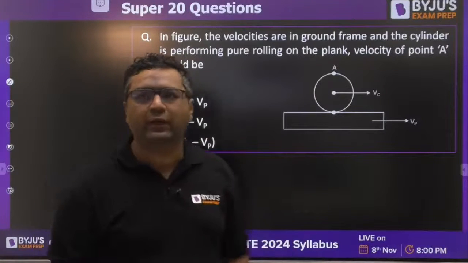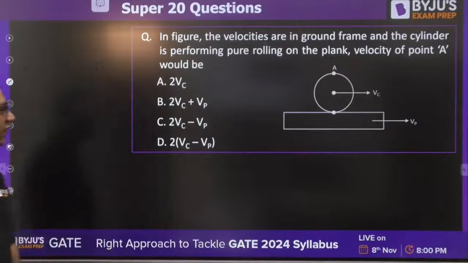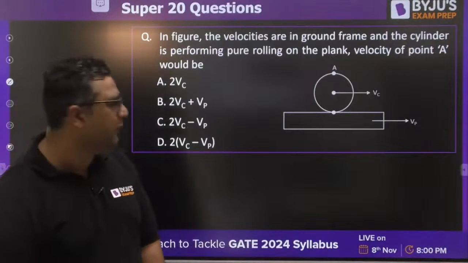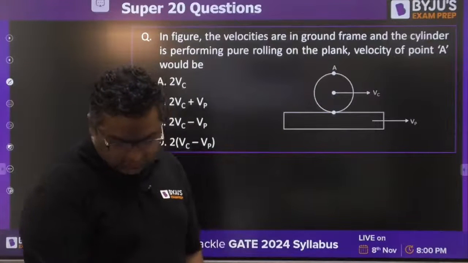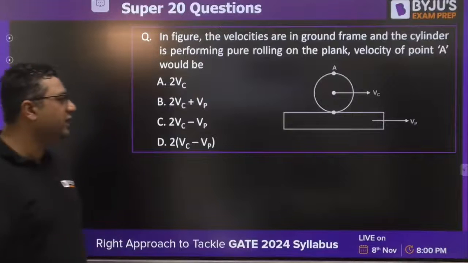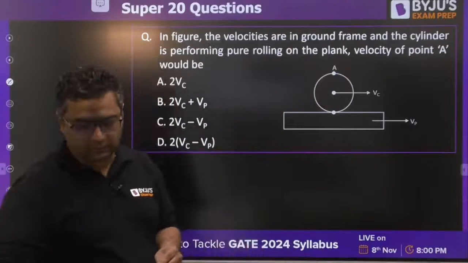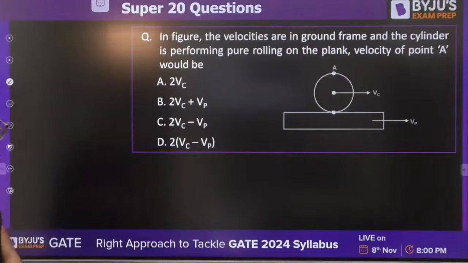This is a wonderful one. Yes, Vineet. This is a wonderful one. Here we are using the concept of pure rolling motion. Okay. So just try to solve it. This is question number 16 we are doing. Yes, solve it.